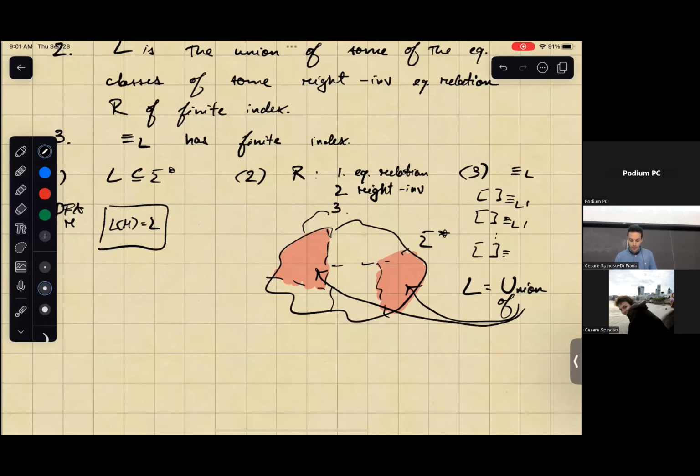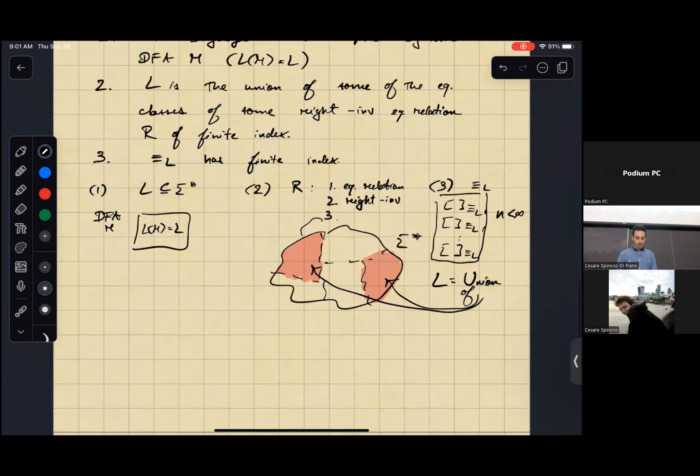But at some point, the number of equivalence classes it has is finite. So when you list all the equivalence classes, this list stops. So I have a finite number, let's say n, which is less than infinity. Let's just suppose that this is correct mathematical notation. So I have a finite number of equivalence classes. Right, that's it. So this is what the Myhill-Nerode theorem says.